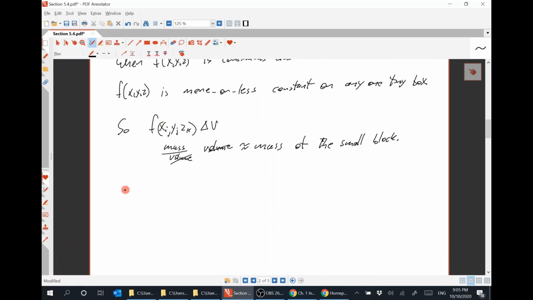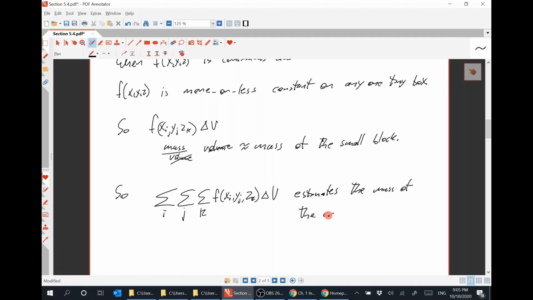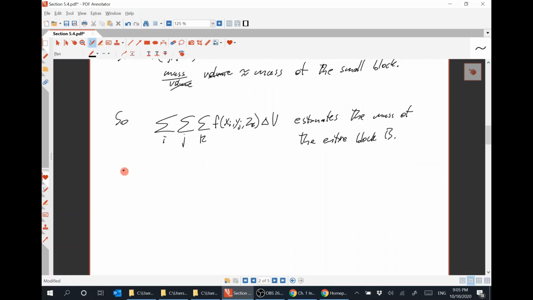So the triple sum over i, j, k of the approximate mass of each block, when you add up each block, estimates the mass of the entire block B. That triple sum estimates the mass of the entire block B.